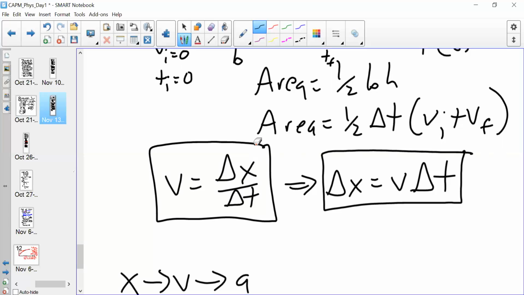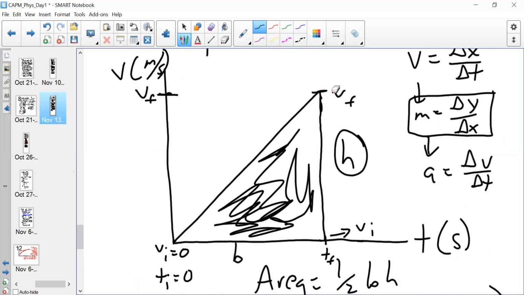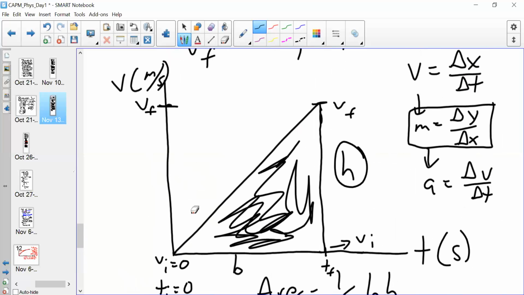We're translating slopes into actual physical formulas, and areas into actual physical formulas. So this area here, which is 1/2 (vi plus vf) delta t, translates into a displacement. We know that velocity is delta x over delta t. This is what we get here. The area underneath this line is your displacement.